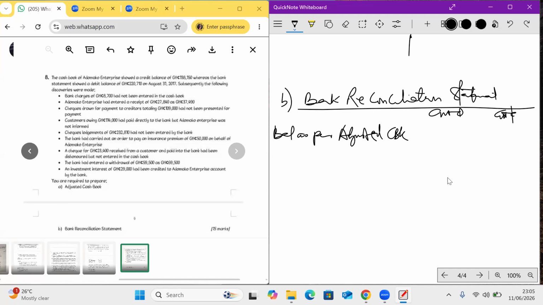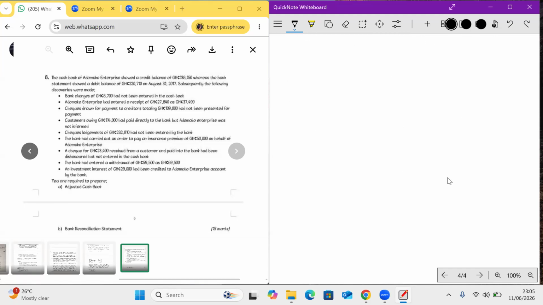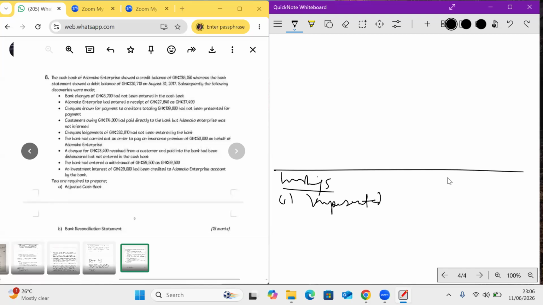Then you go to workings. So let's say the book ends here. Workings. Add maybe unpresented cheques. You will not always add. So just write unpresented cheques.